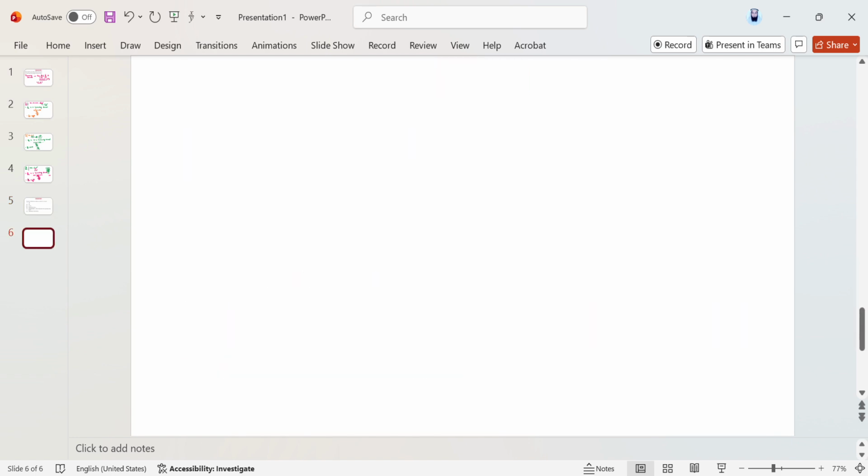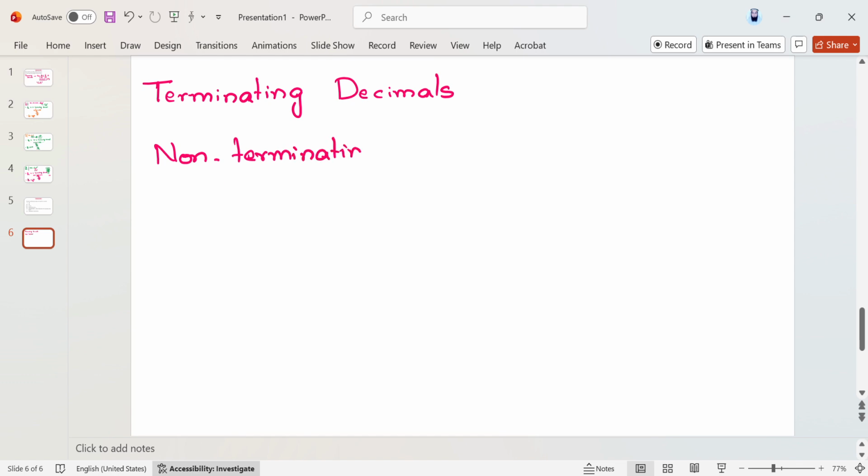So let us see. What are terminating decimals? When we see decimals, we have terminating decimals and non-terminating but repeating, that is, non-terminating and repeating, recurring decimals. These two kinds of decimals come under the category of rational numbers.